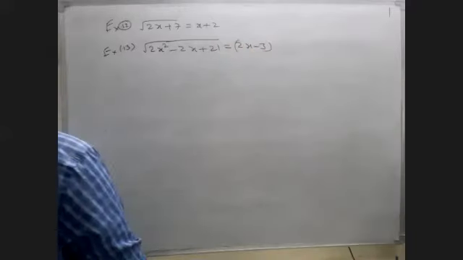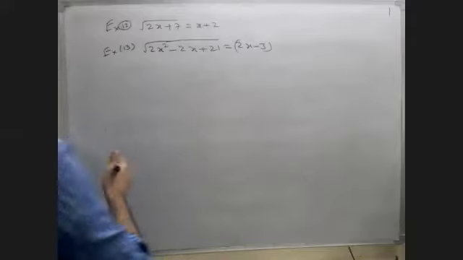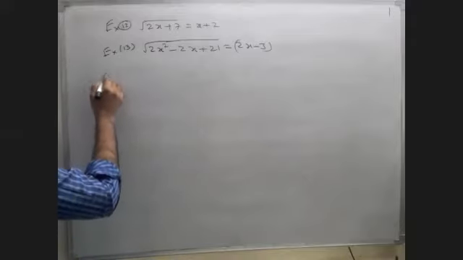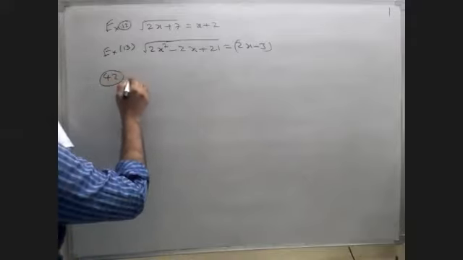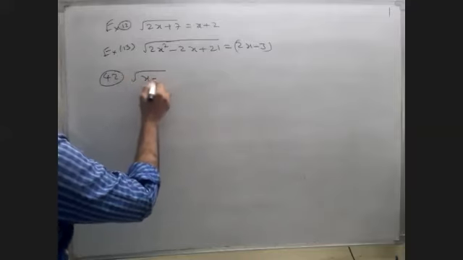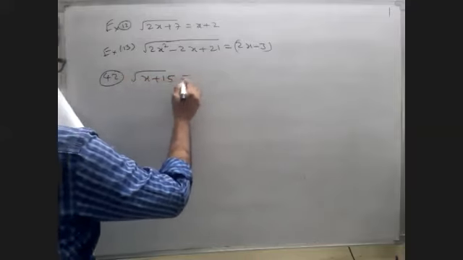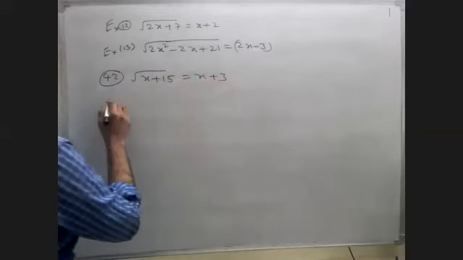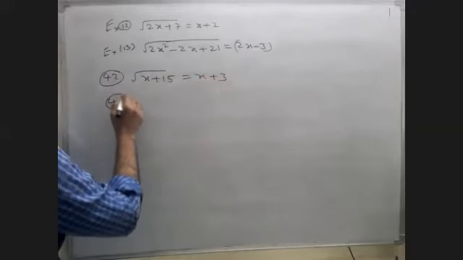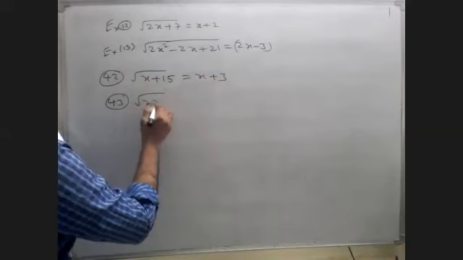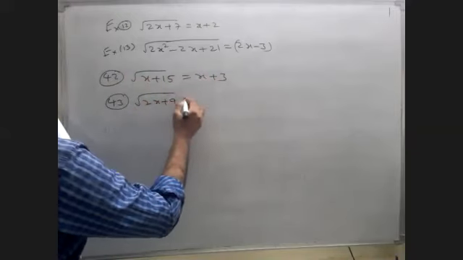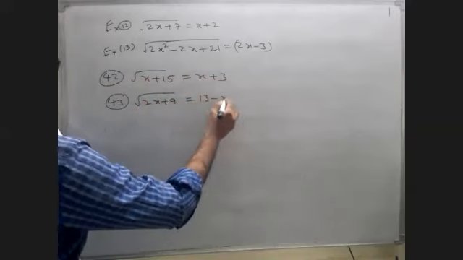These two are examples. And now question number 42 is root over x plus 15 is equal to x plus 3. And question number 43, root over 2x plus 9 is equal to 13 minus x.